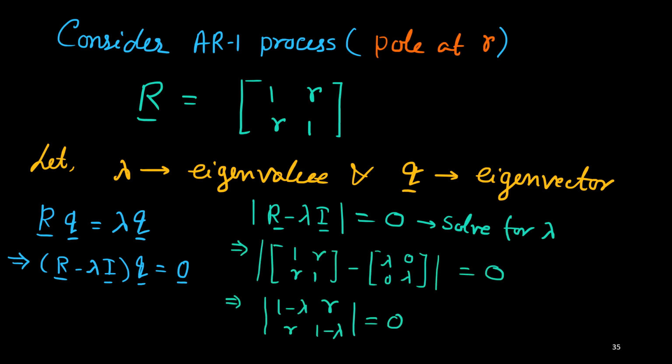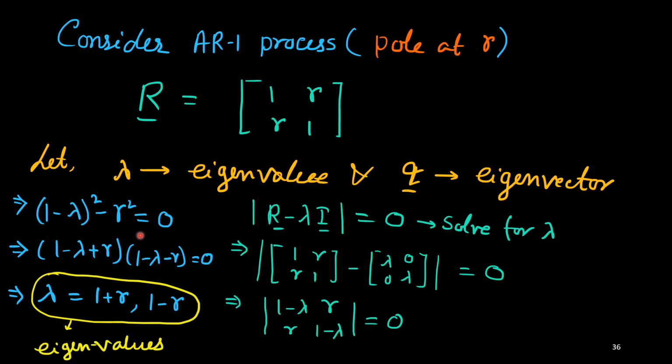So to do that, this is the R, 1, r, r, 1, and this is your lambda I, lambda, 0, 0. If you simplify it, you will get 1 minus lambda, here also 1 minus lambda, and this will remain r. This determinant we can find out. Its value will be this product minus this product, and that will be equal to 0.